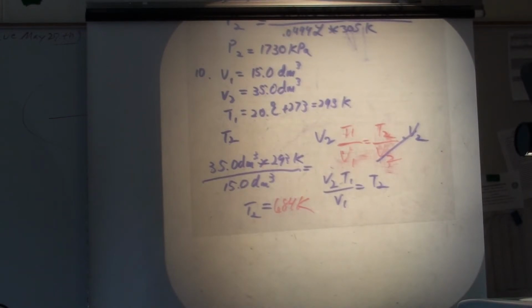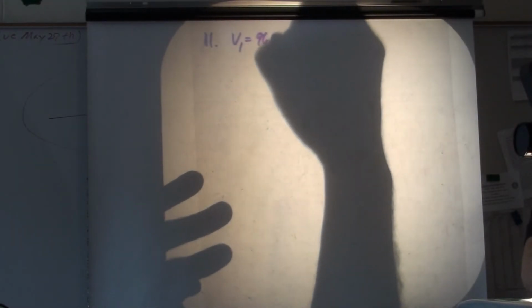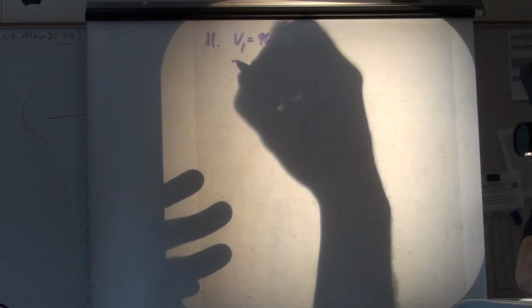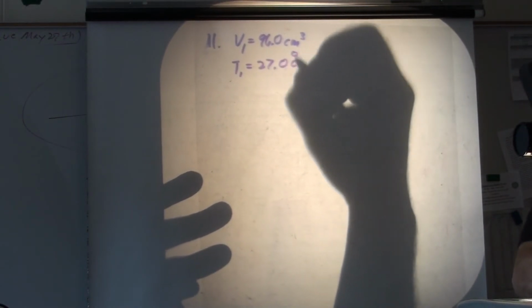All right, 11 and 12 are a little tricky. For number 11, it says we're collecting 96 cubic centimeters of gas over water at a temperature of 27 degrees Celsius.